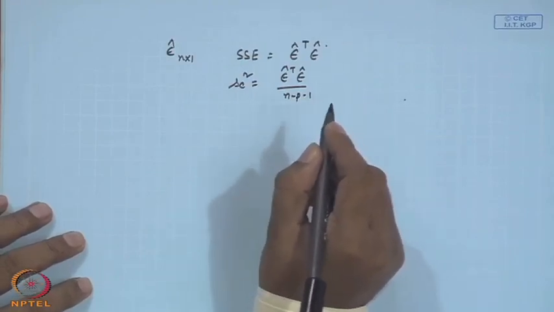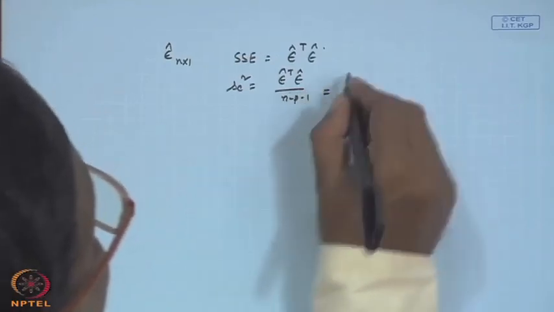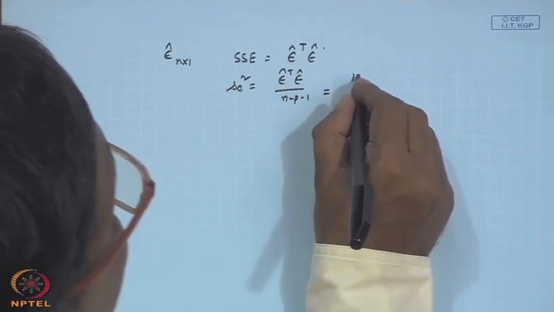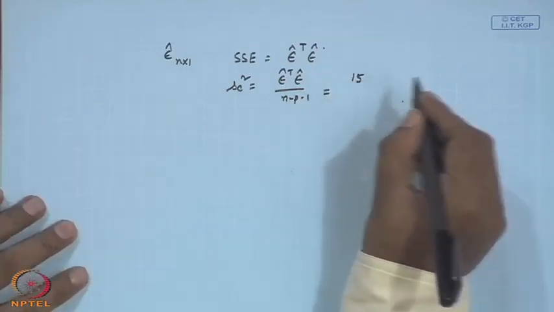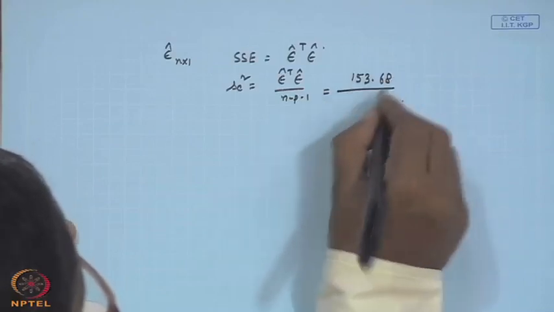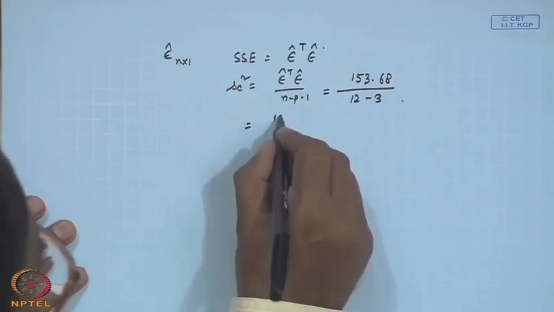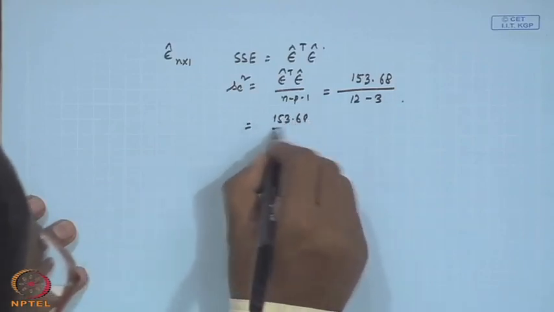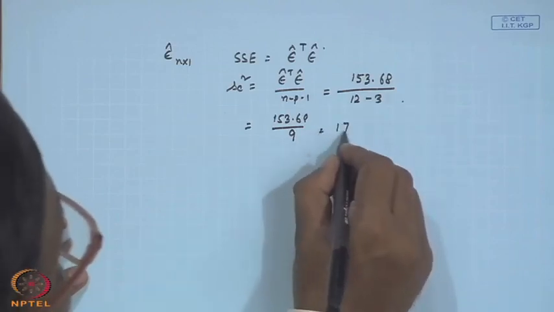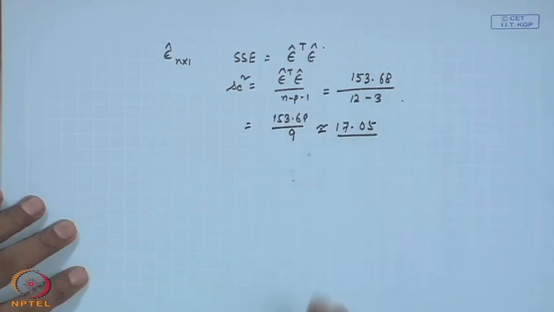This value will be around 153.68, by n is 12, p minus 1 is 3, so 153.68 by 9. So it will be 17.05, let it be. Similarly, the other value will be there.